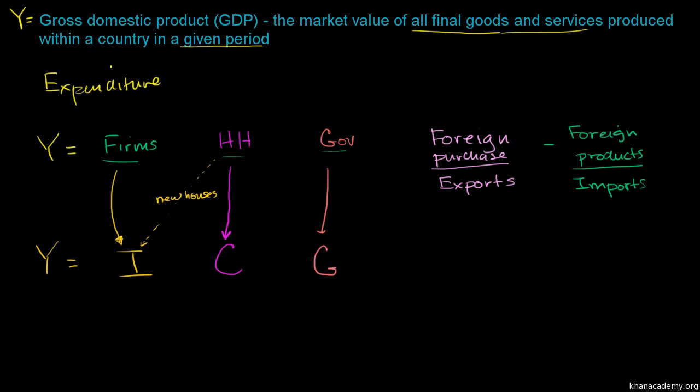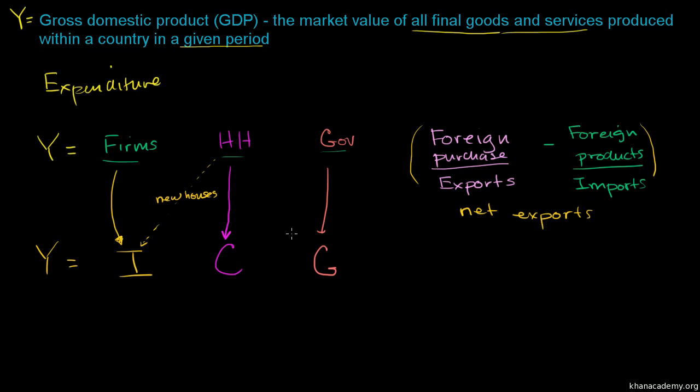And this thing right over here, you have foreign purchases, exports, minus foreign imports. So you have exports minus imports. So you could view this as net exports. If this number is positive, the net exports are positive. We're exporting more than we're importing. If this number is negative, net exports is negative. That means we're importing more than we are exporting.